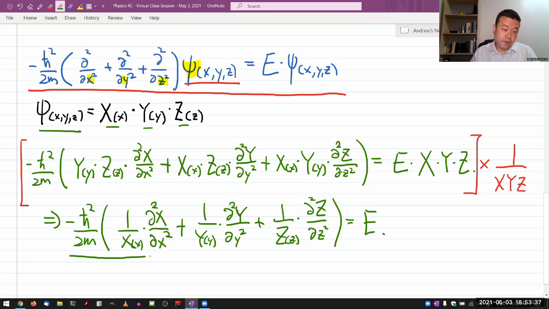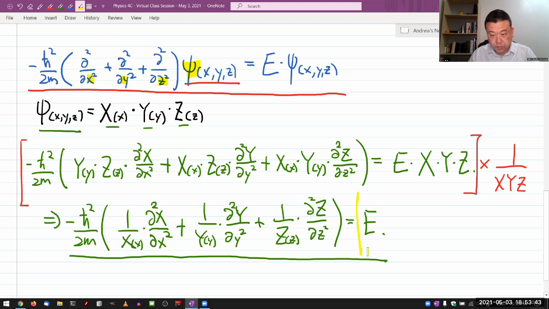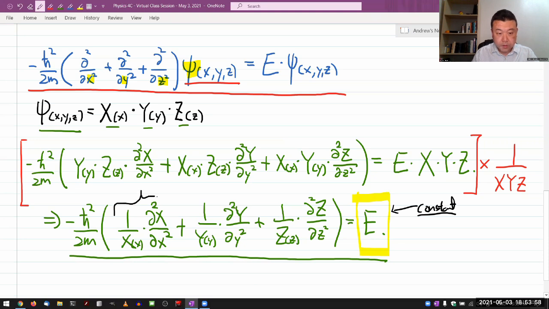When you look at this, this is the argument that is made. The quantity on the right-hand side is constant. And that's actually quite remarkable, because when you look at these three terms on the left-hand side, the first is a function entirely of a single variable.